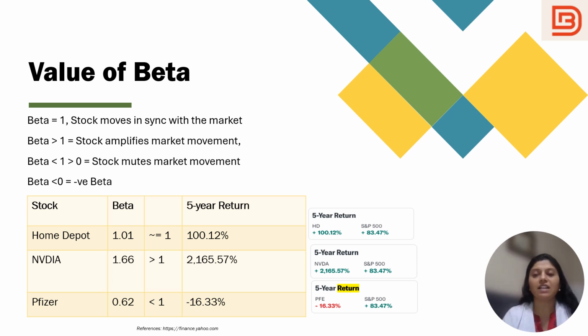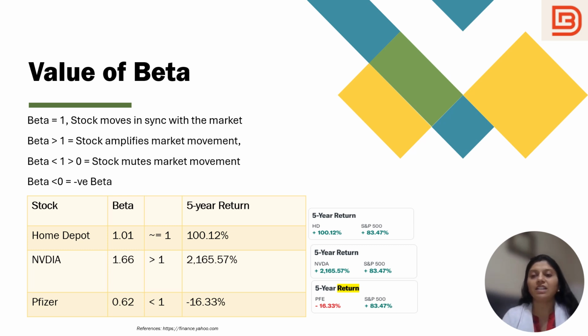If beta is less than 1, then the stock mutes the market movement. For example, for Pfizer, the beta value is 0.62, so if the market moves by 10% in any direction, the stock will move by 6.2% in the same direction, which is less than the 10% with which the market moved.